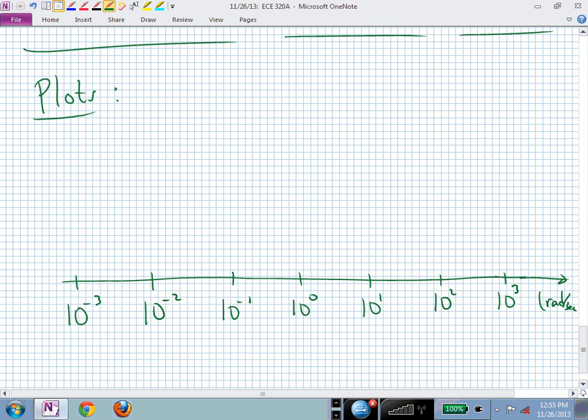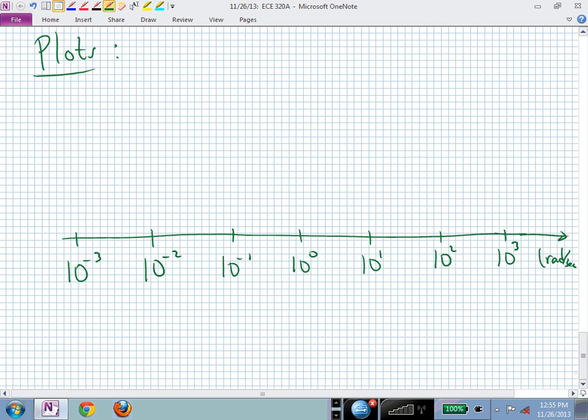And if you go to the bookstore and ask for semi-log paper, they'll ask you how many cycles. I know the customer service over there, they know their log paper. They'll say, do you want semi-log or log-log? And you'll go semi-log, and I need 1, 2, 3, 4, 5, 6, maybe even 7 cycles.